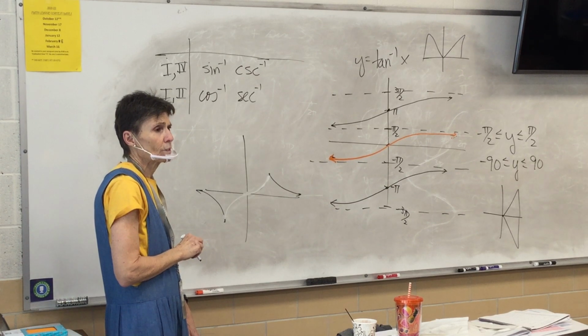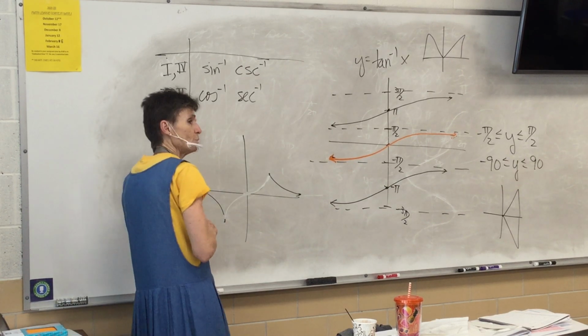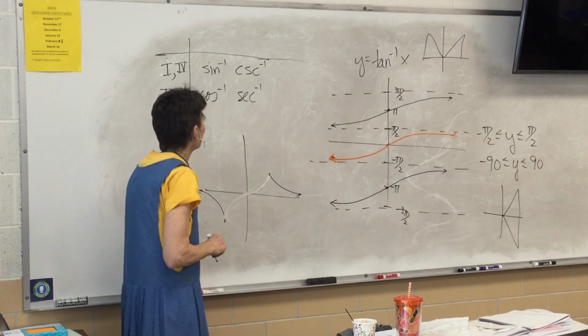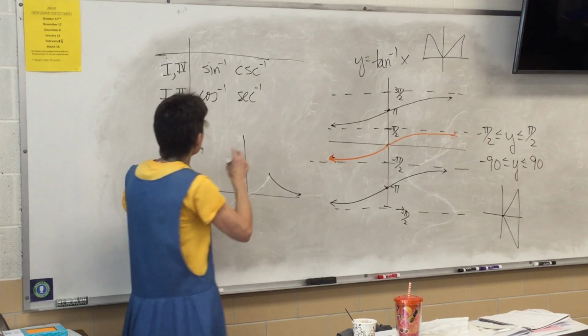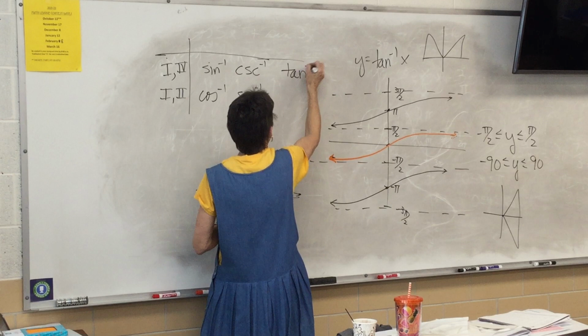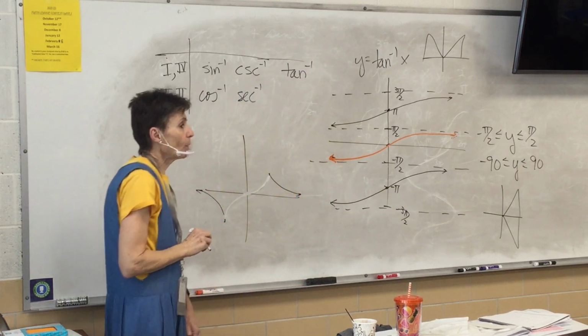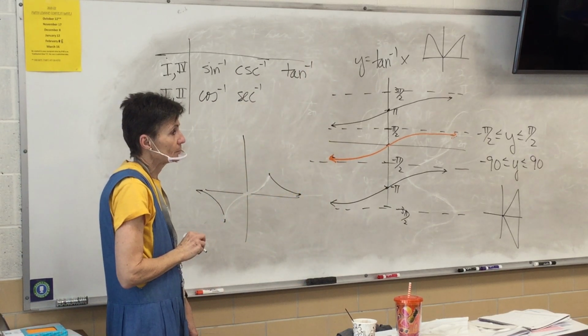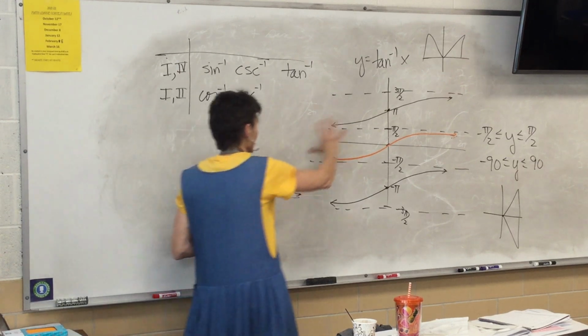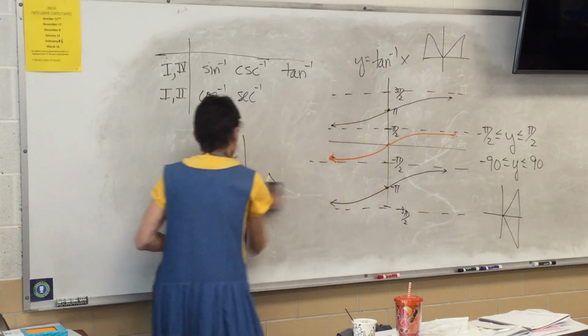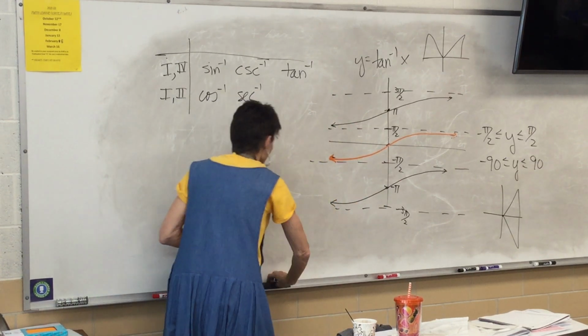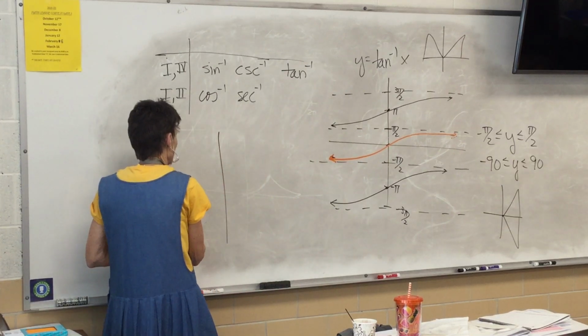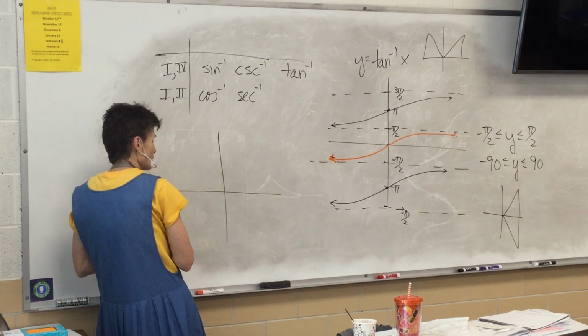Now, what about the cotangent? Well, I don't know, we haven't done the cotangent. Oh wait, we did tangent though. Tangent's up here. What about the cotangent? Remember, it looks different than this. Let's examine that one. I think that's worth examining. Remember what the cotangent looks like?